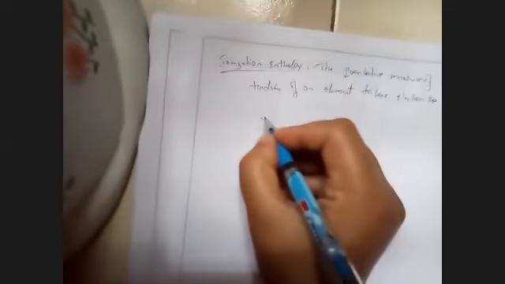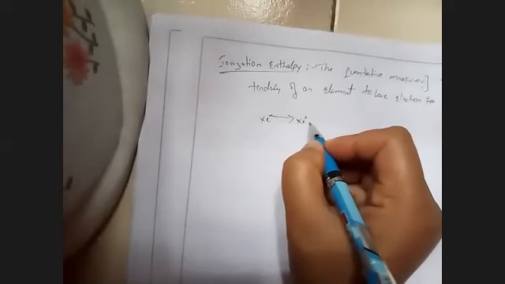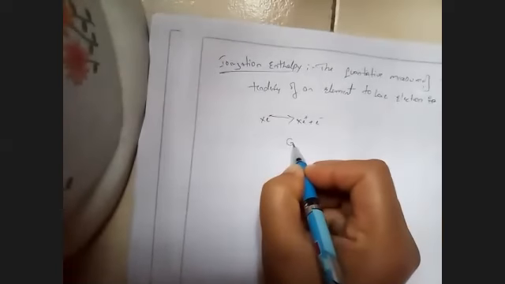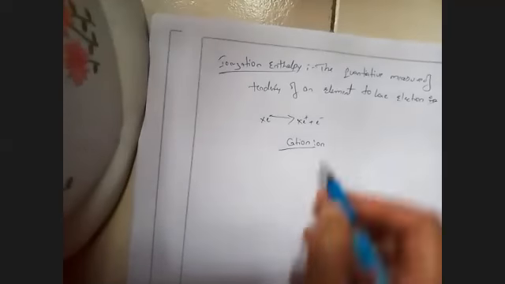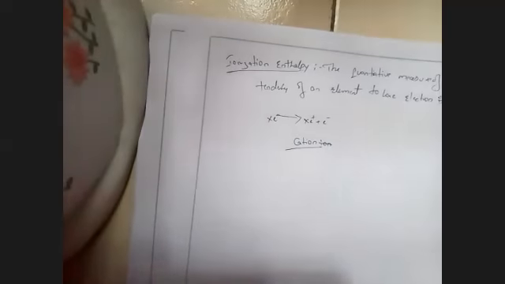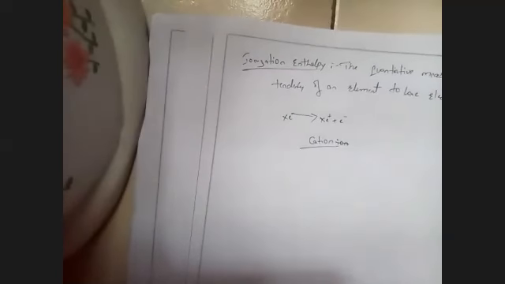So ionization enthalpy means the atom should lose an electron. For example, suppose X is your element, then it should lose an electron. It means it should attain a cationic formation. When an element tends to lose an electron, it will become a cation.